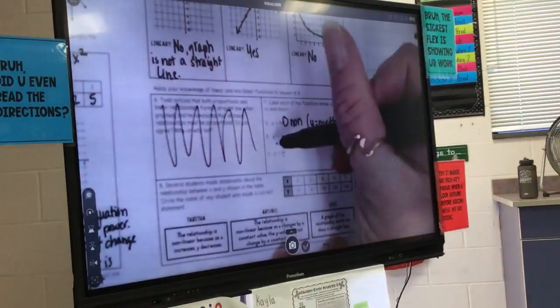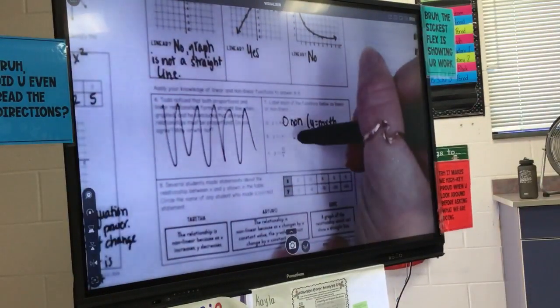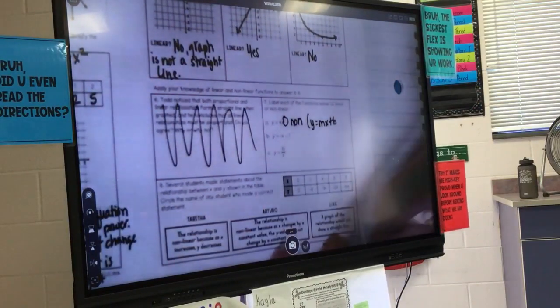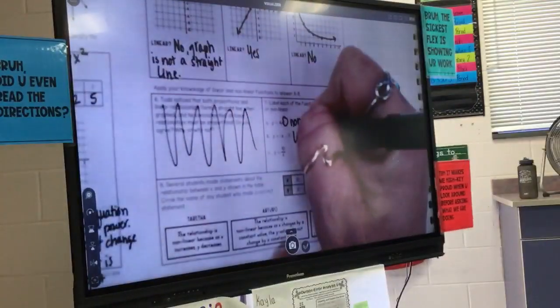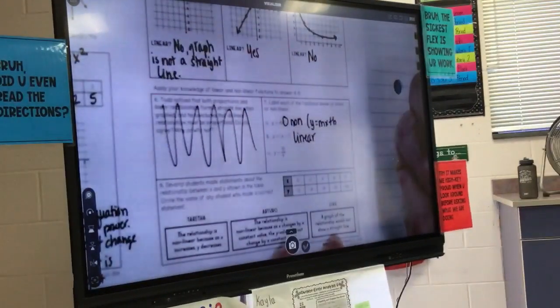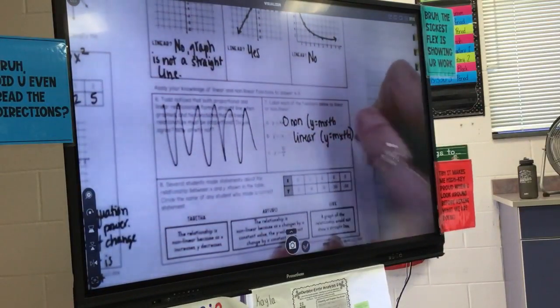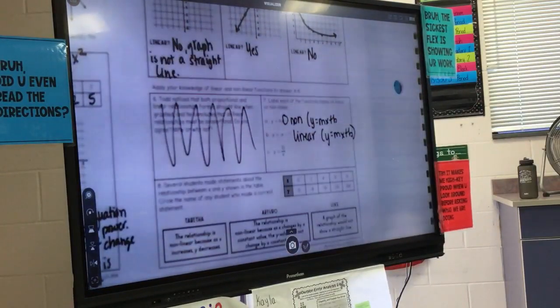All right, the next one, y equals negative x minus 1. Stand up if you said yes. Why, Anthony? Yeah, it matches the y equals mx plus b because technically the negative x is a negative what?